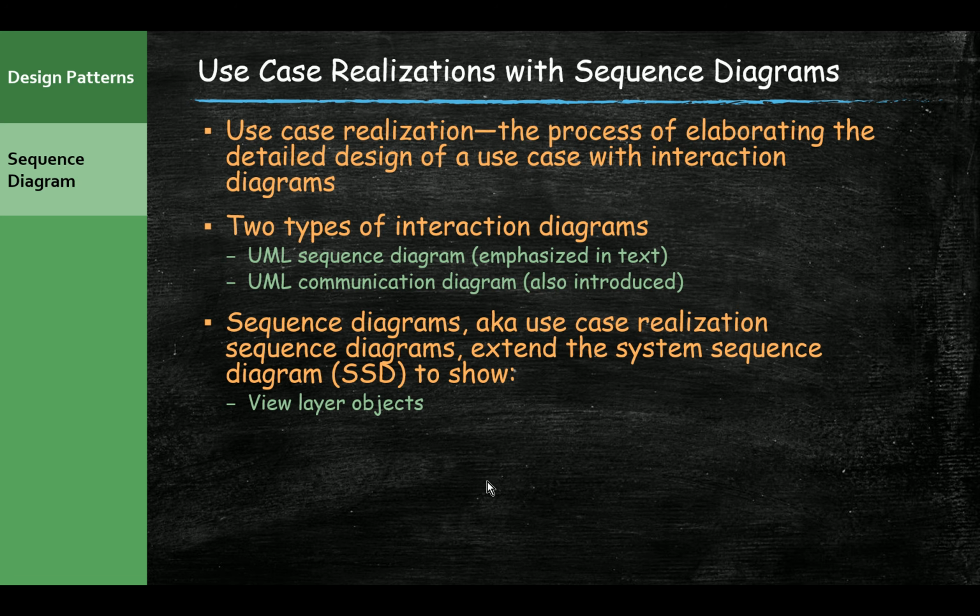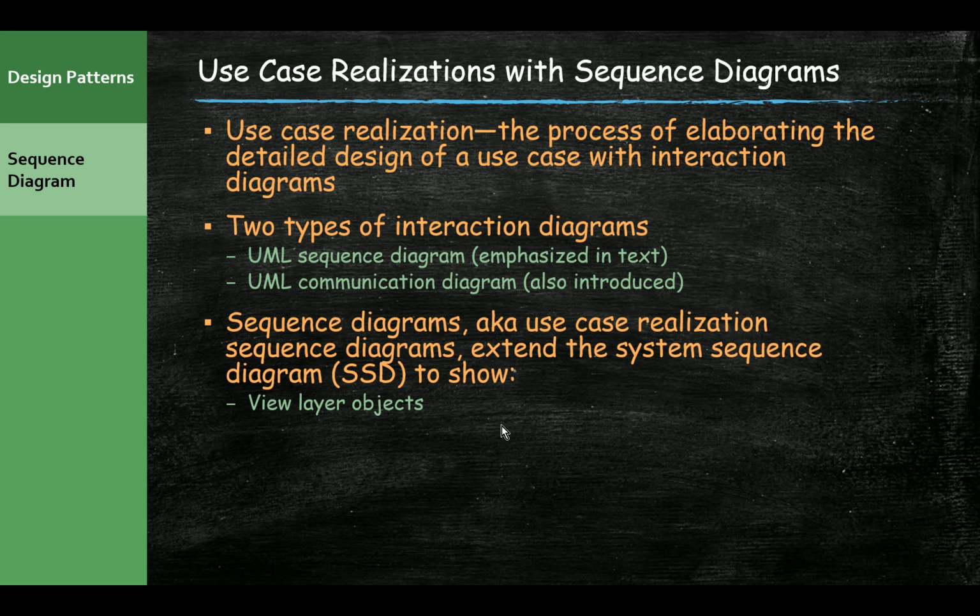Now we talk about the sequence diagram showing all of these different classes or objects, specific instances of objects in our system and how they interact. So it's a lot more granular than our system sequence diagram. Our system sequence diagram was pretty simple. It was the actor and the system. But now we're going to expand on that and create a much more detailed sequence diagram, and that's our design sequence diagram or our use case realization sequence diagram.